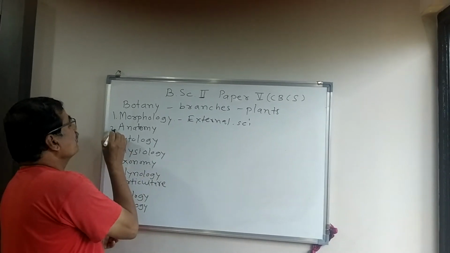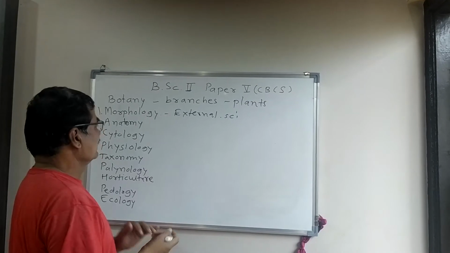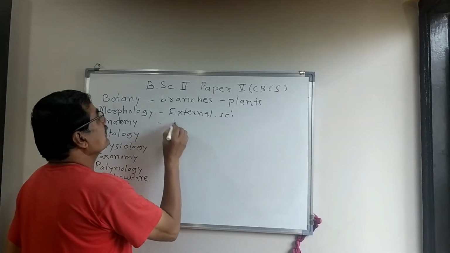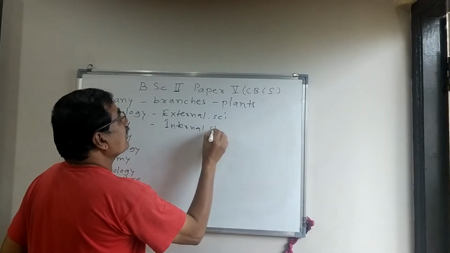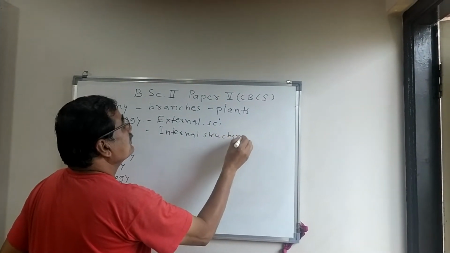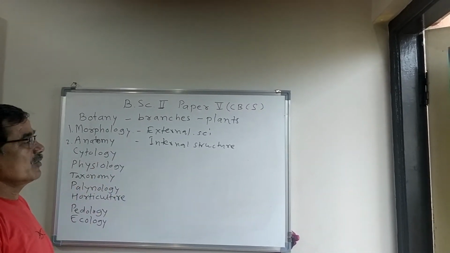Under anatomy, whereas morphology is the external part of the plant body, anatomy shows the internal structure of the plant body. This study is known as internal morphology.